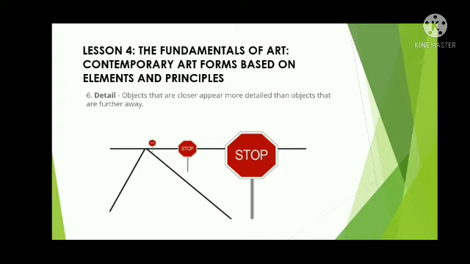Objects that are closer appear more detailed than objects that are farther away. It means to say that the specifications or information are really or clearly understood when we look at objects that are closer to us or closer to our view of sight.